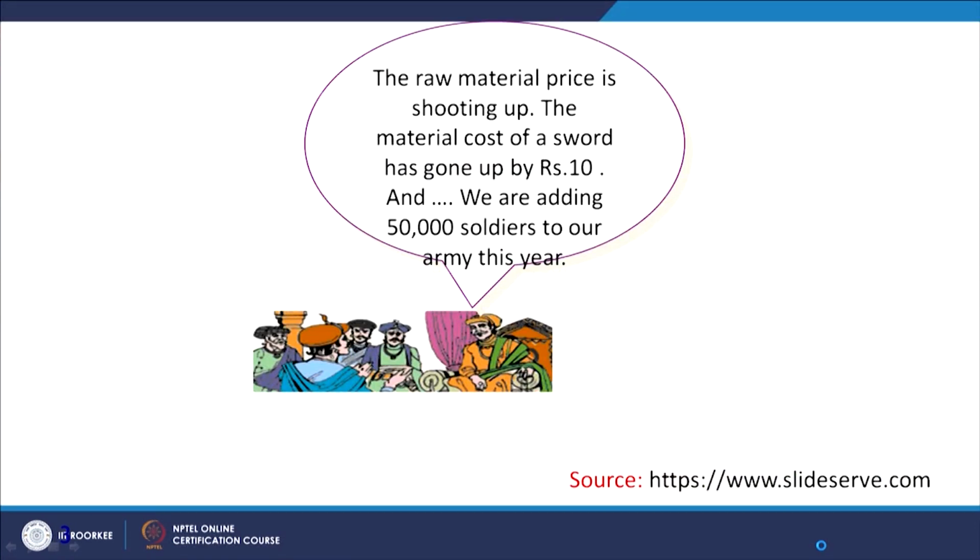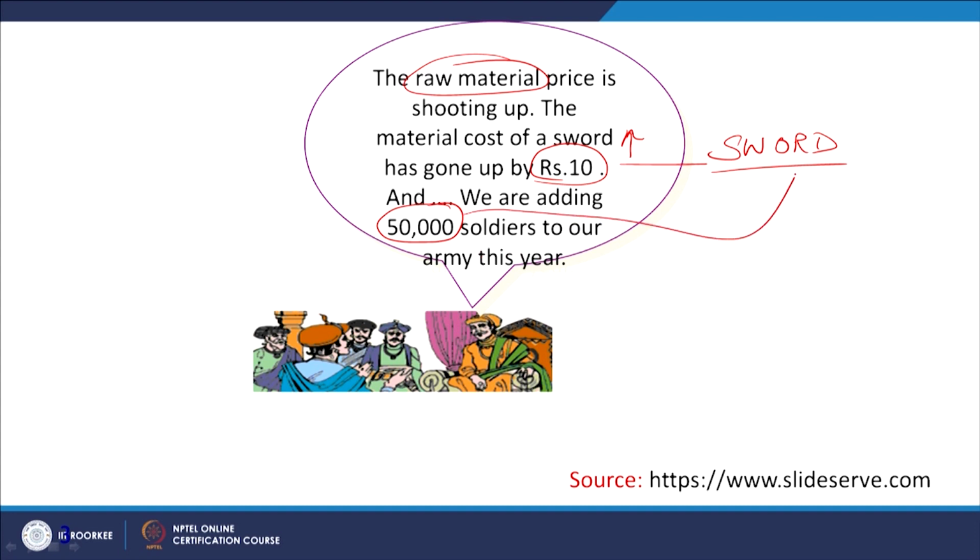The problem is that the raw material price is shooting up, the raw material cost is increasing. The material cost of a sword has gone up by rupees 10. So the product in question here is the sword, and the issue is the material cost has gone up by rupees 10, and the king is adding 50,000 soldiers to the army who have to be provided with this product, the sword.